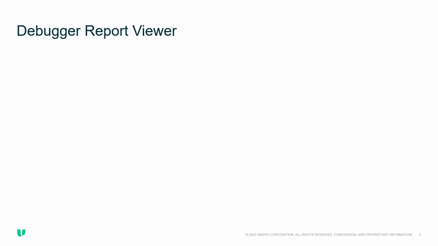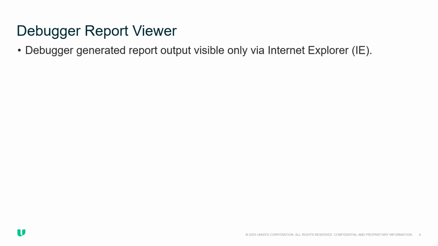Before we go inside the Debugger Report Viewer, we will look at why it was introduced in AB Suite. Previously, debugger displayed the report output in Internet Explorer, which was the default browser for many of us. Prior to Windows 11, all the Microsoft operating systems included Internet Explorer as a default browser.